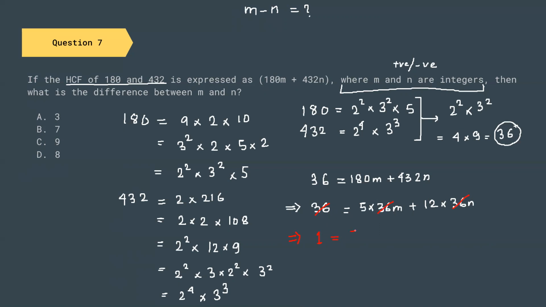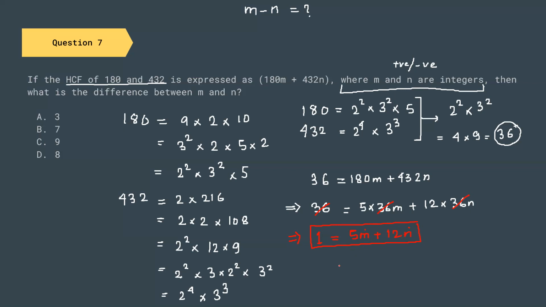So 1 is equal to 5m plus 12n. Now we have to find such values for m and n, which we can put in this equation and get 1. Okay.